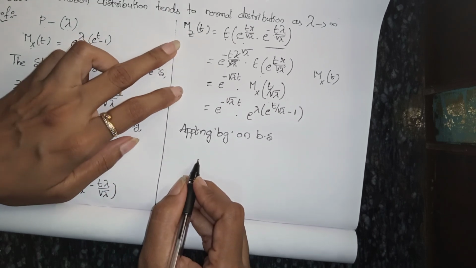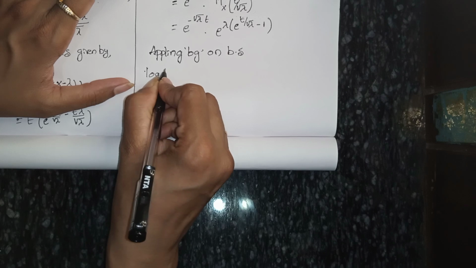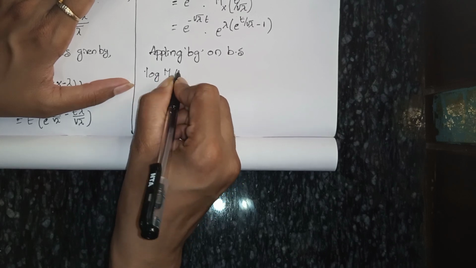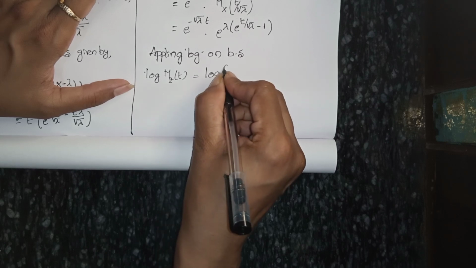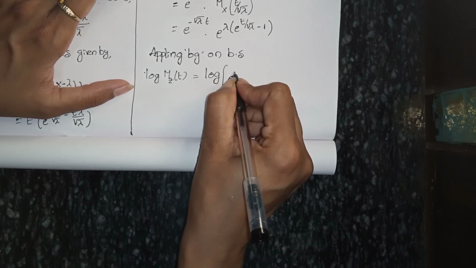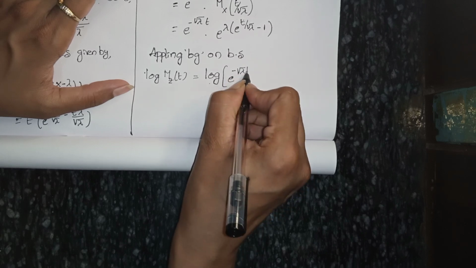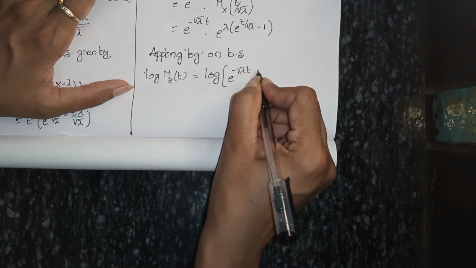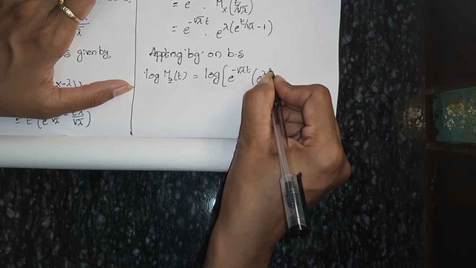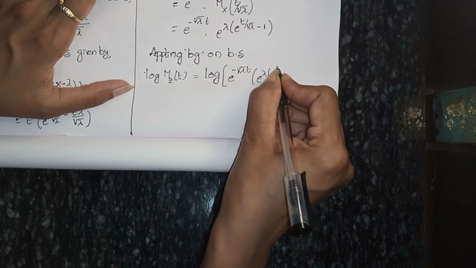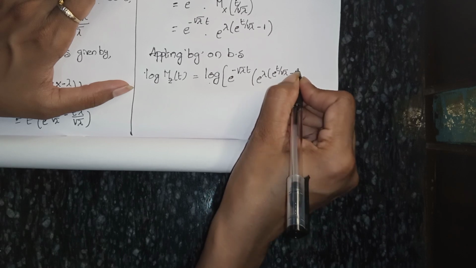So what we get is log m z of t equals log of e to the power of minus root lambda into t into e power lambda into e power t by root lambda minus 1.